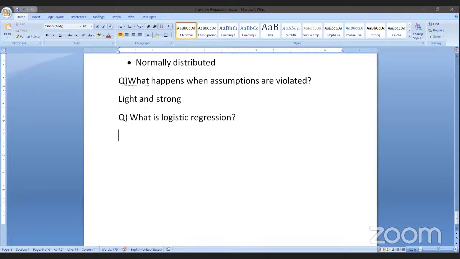Yeah, correct. Basically logistic regression comes under classification. So it is used when the dependent variable is binary. It works best for binary models only.